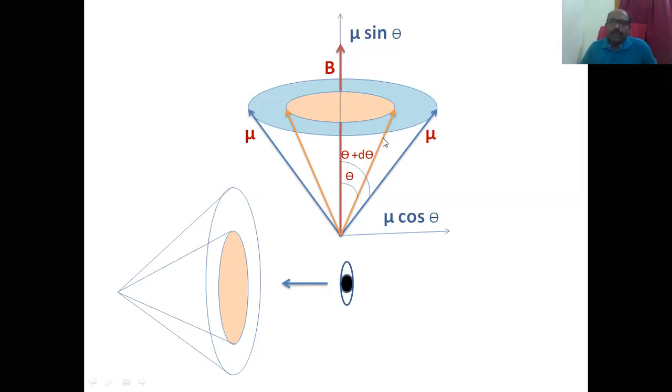For this vector it is another magnetic moment, and this angle is theta plus d theta. It makes some angle with this one, but a magnetic moment is also here, so one magnetic moment is here.